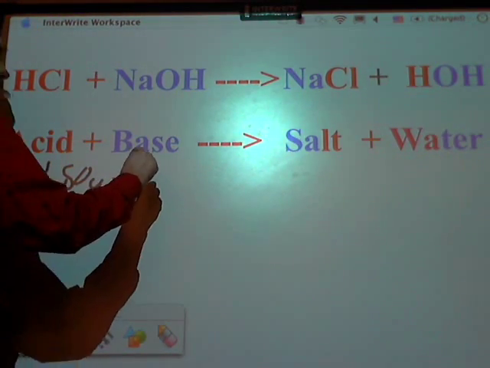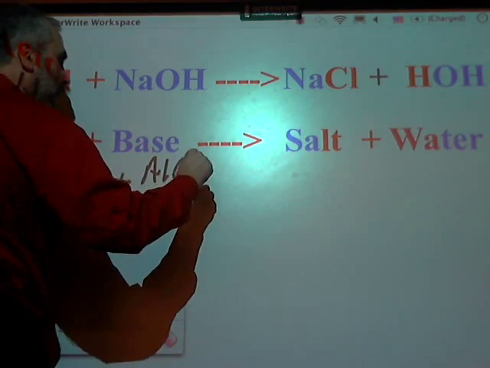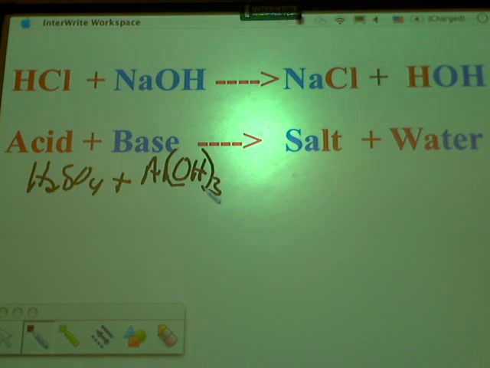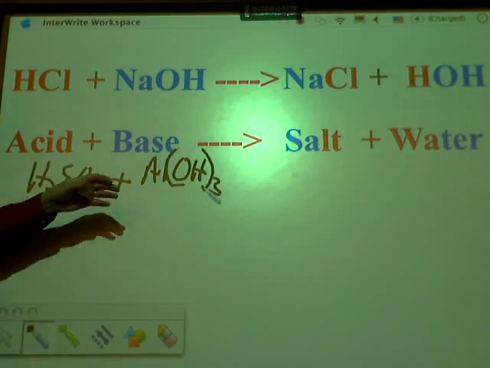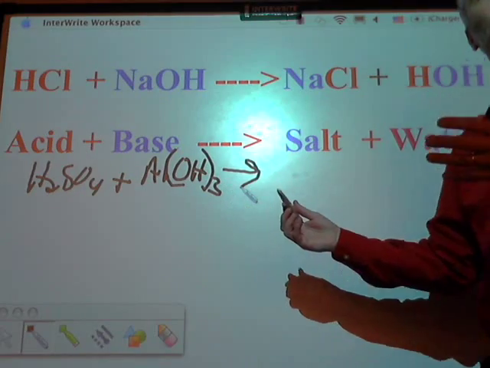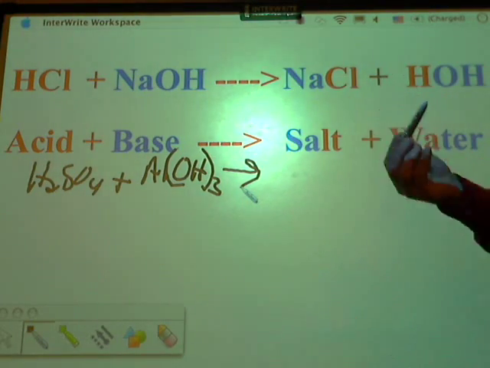H2SO4 plus Al(OH)3. Now I got a problem. I got to worry about a lot of things in this, not the least of which is how to name all these guys. Do you remember how to name these guys? No. I'm going to give you the chart. It's there on the sheet. We'll go over it. Also, can you balance them correctly with the right charges?